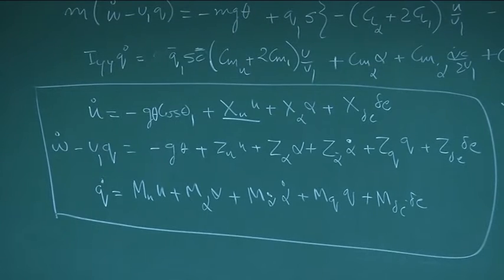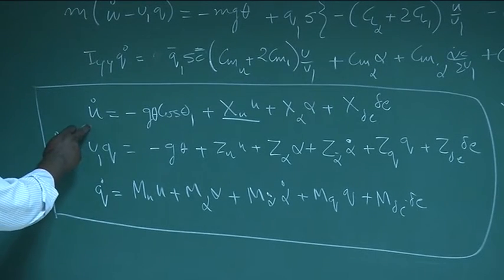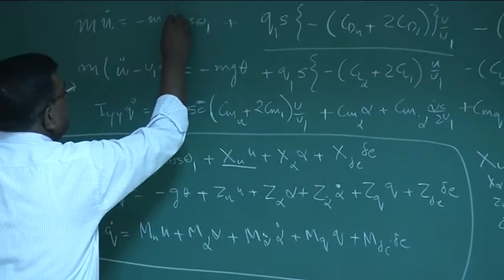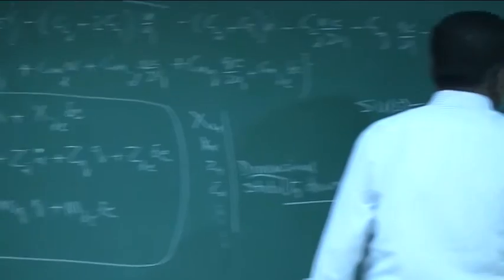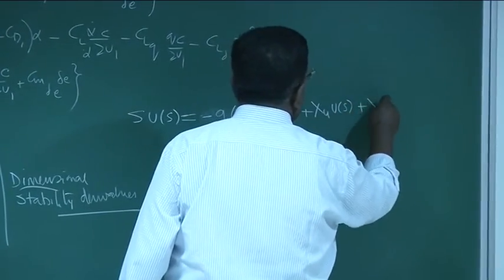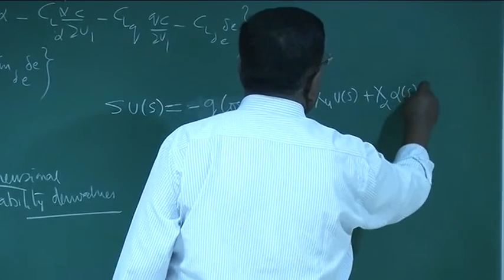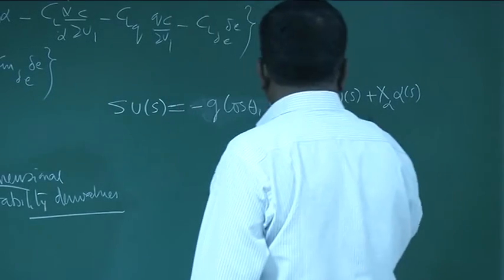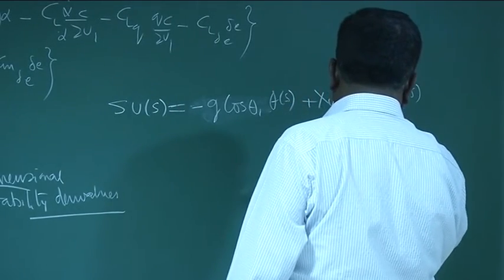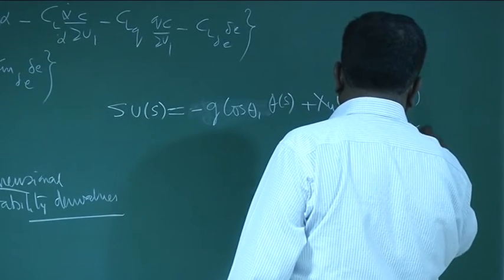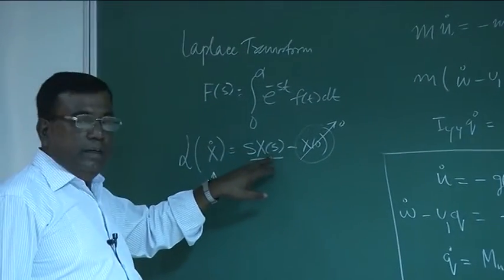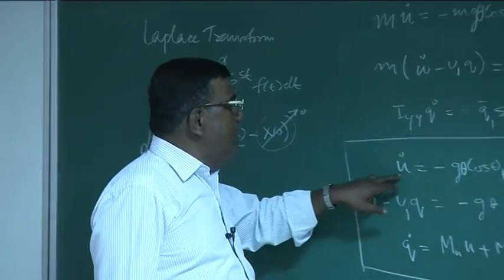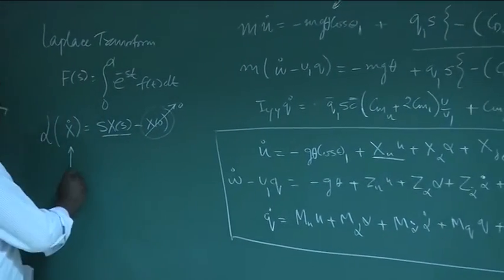Now we take the Laplace transform on this equation, and of course, we have made some mistake here. Here there should be a part of theta, plus xu into u of s plus x alpha into alpha of s plus x delta e into delta e of s. If I understand that the Laplace of x dot is s of x of s, then what will be Laplace of u dot?